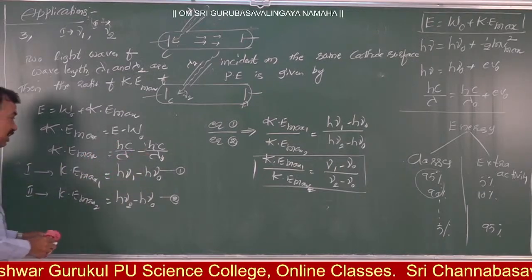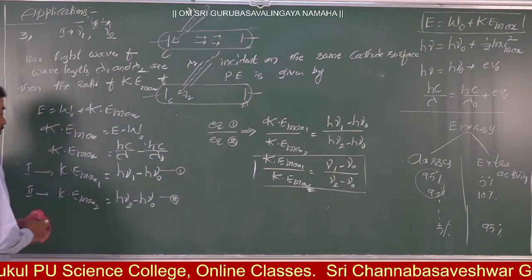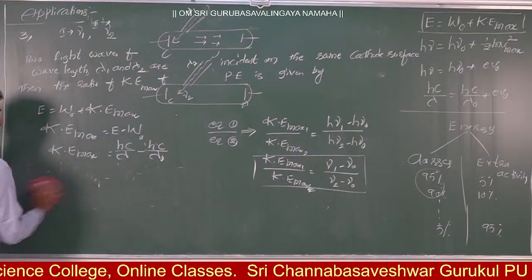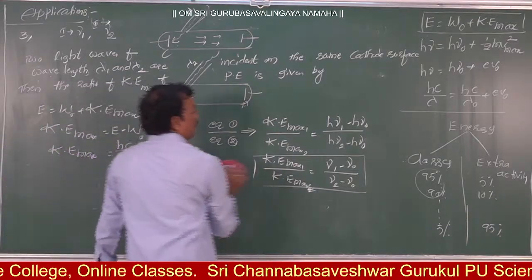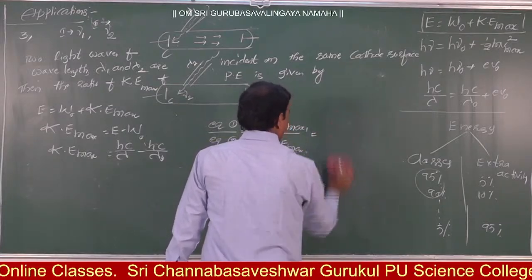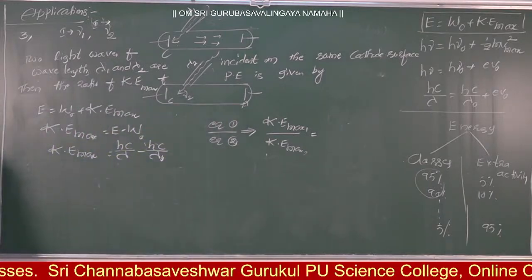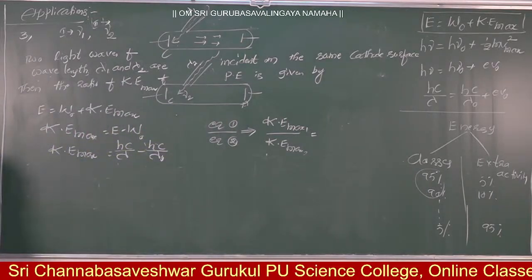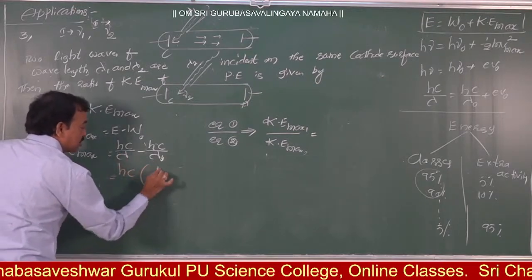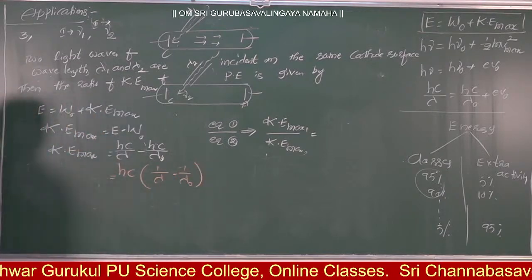In this equation hc is common, so KE max is equal to hc into 1 by lambda minus 1 by lambda0.